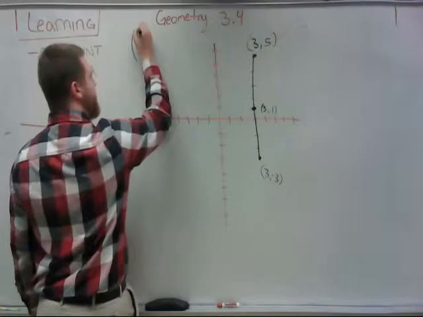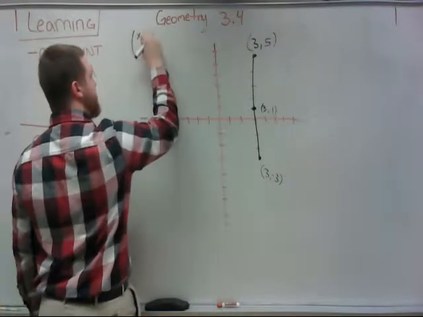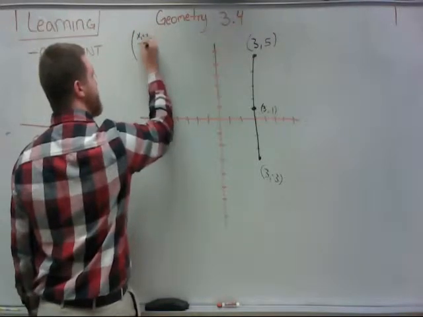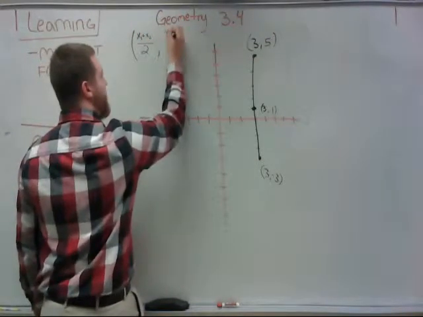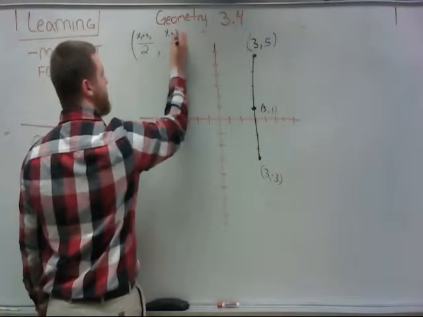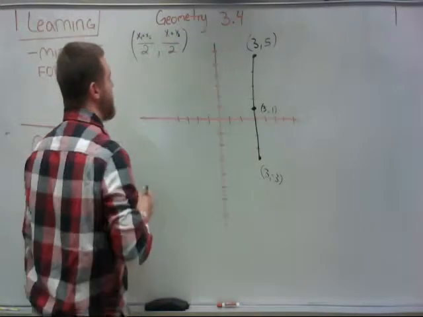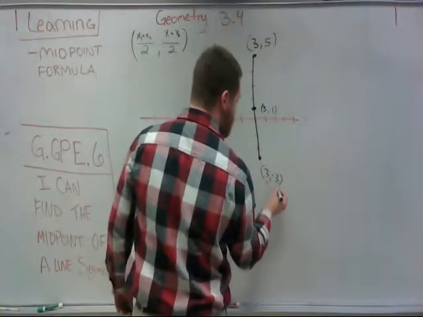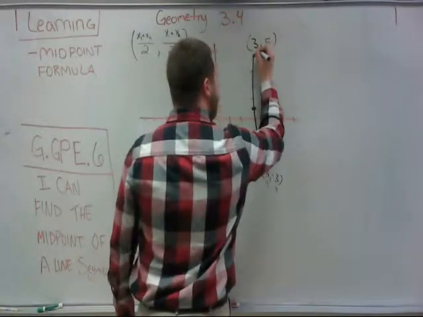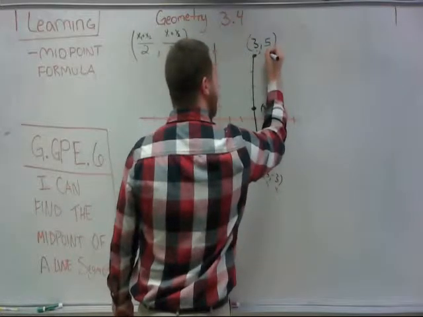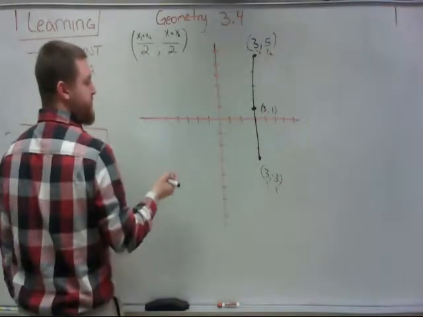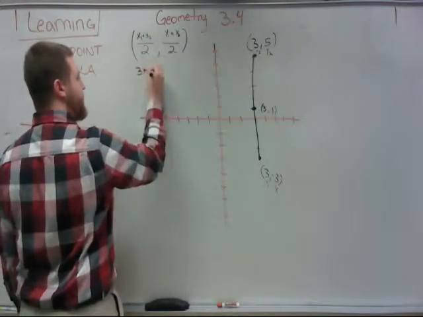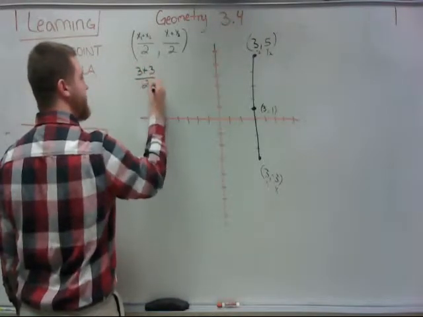Now let's make sure that our formula still works. So it is x1 plus x2 over 2, y1 plus y2 over 2. So x1, doesn't matter which one is which. x1 plus x2 would be 3 plus 3 divided by 2.